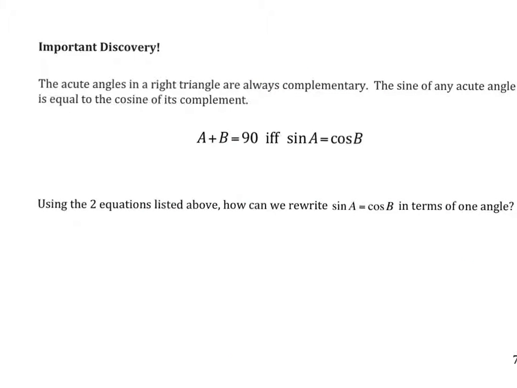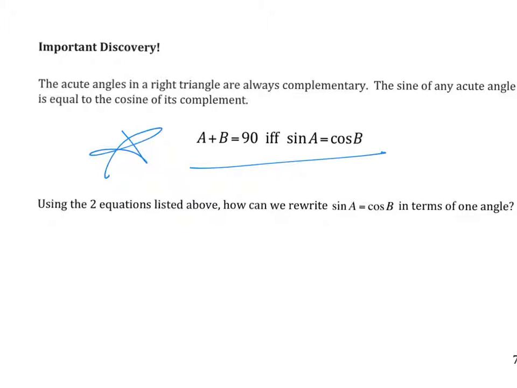So here's the important discovery. The acute angles in a right triangle are always complementary. The sine of any acute angle is equal to the cosine of its complement. So using the two equations listed right here, how can we rewrite sine of A is equal to cosine of B in terms of one angle?